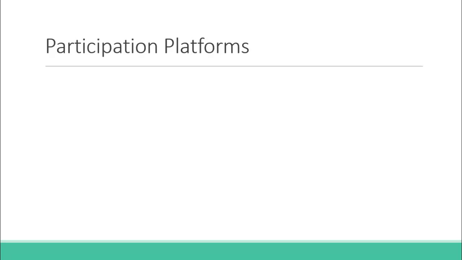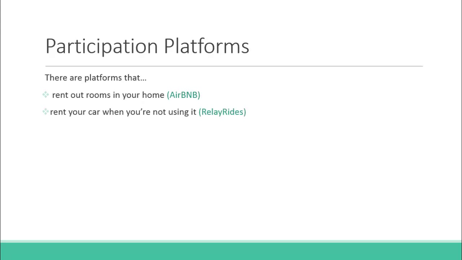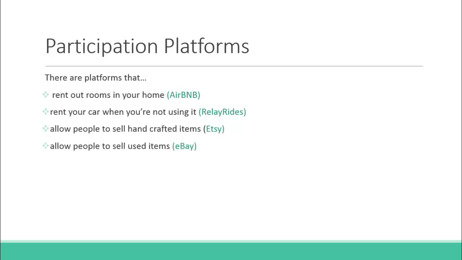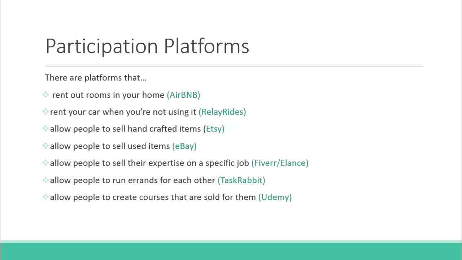So for example, there are online platforms that rent out rooms in your home, rent your car when you're not using it, allow you to sell handcrafted items to people who are looking for handcrafted items, allow people to sell used items, allow people to sell their expertise on a specific job, allow people to run errands for each other, allow people to create courses that are then sold for them, allow people to publish their own books.